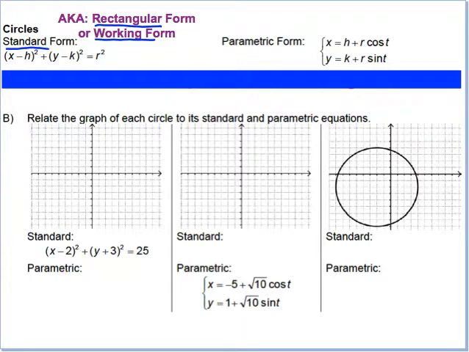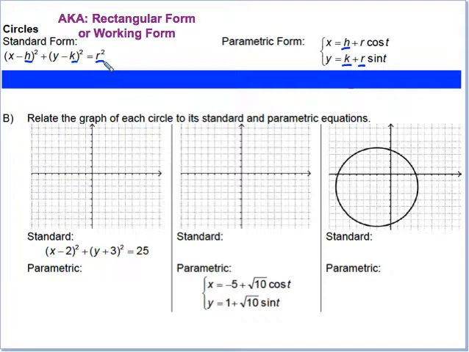The main reason is because it's so easy to switch between standard or rectangular form and parametric form. The things you need to know about are the value for your h, your k, and your r. If you're in parametric mode, find the h, k, and r, and then just place them in the format you need for standard or working form. That's all you have to do.